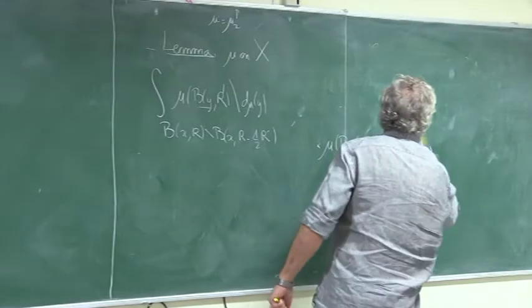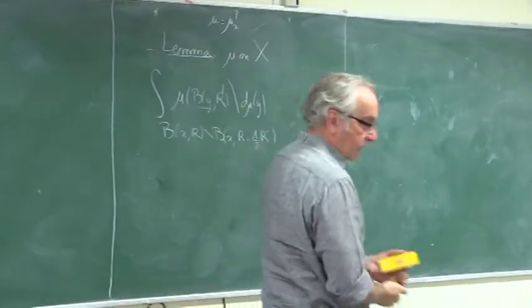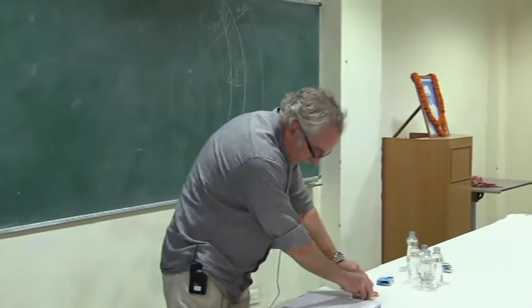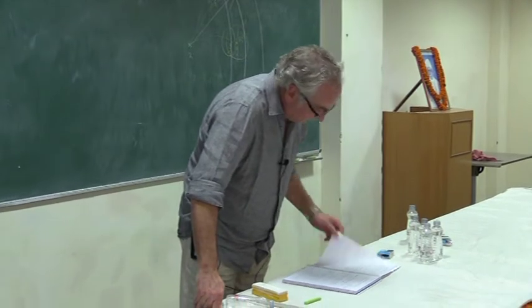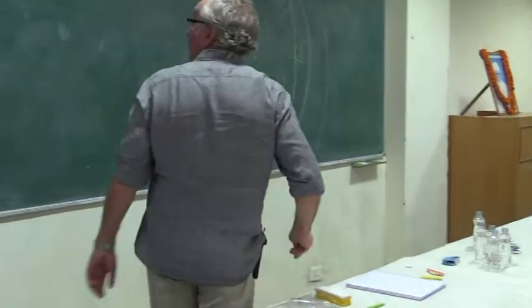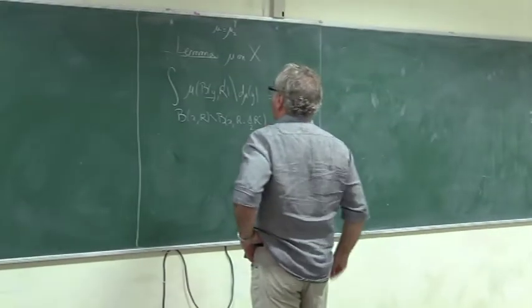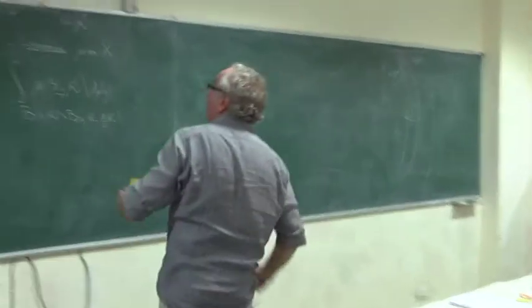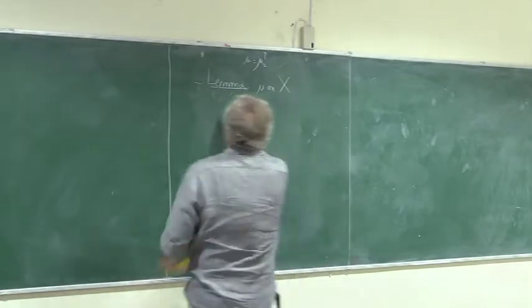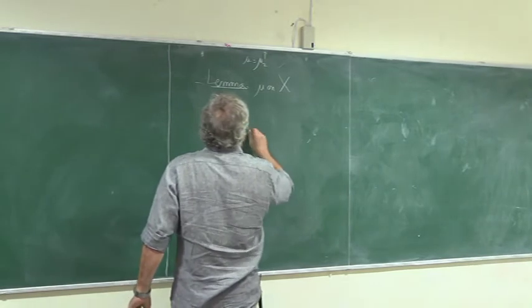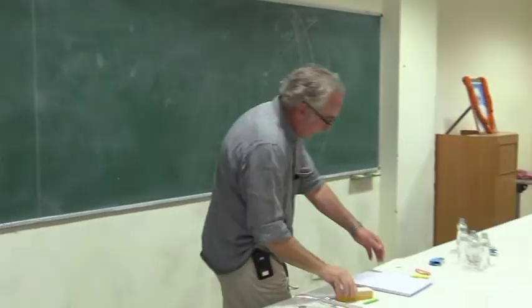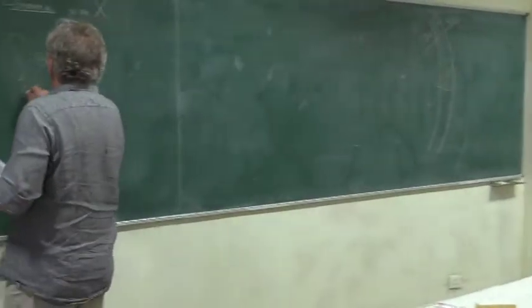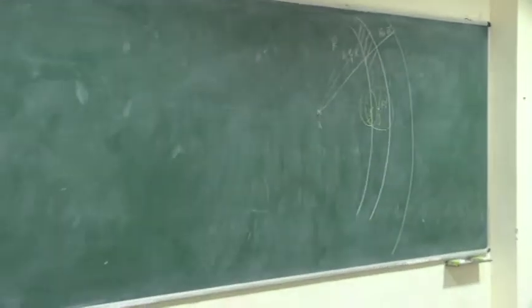Okay, so let me start with this, which is the quantity that I want to estimate, right? So rather than that, I will follow my scheme. So I will write this integral of the ball of y, r prime, d mu y on some ball b of x, r, right?